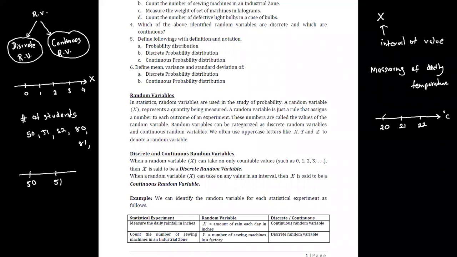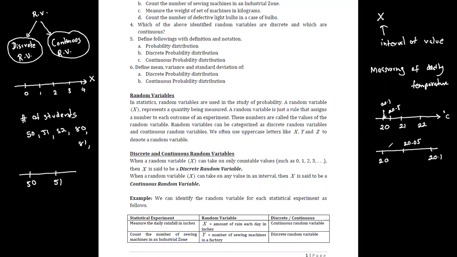But if you look at this range, 20 and 21, you may be able to identify a value such as 20.5. In between 20 and 20.5, there may be a value such as 20.1. And if you magnify this small distance, 20 to 20.1, there will be another value, 20.05.